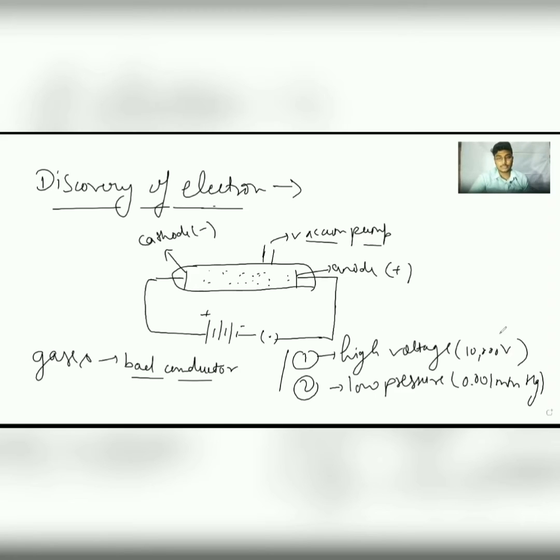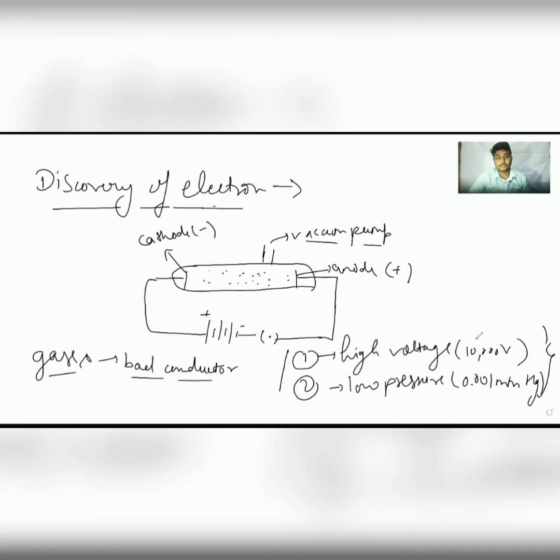Means only at this particular condition, gases show conductivity, because we know that those substances conduct electricity which have ions. Means ionic substances and charges conduct electricity, but gases generally do not conduct electricity because they do not have any type of ion.